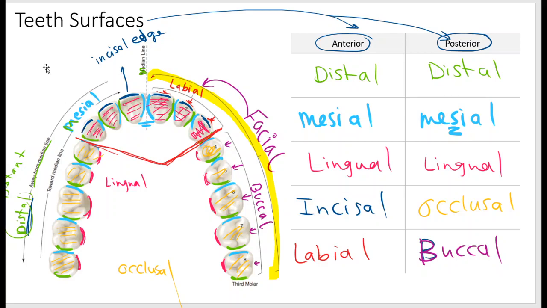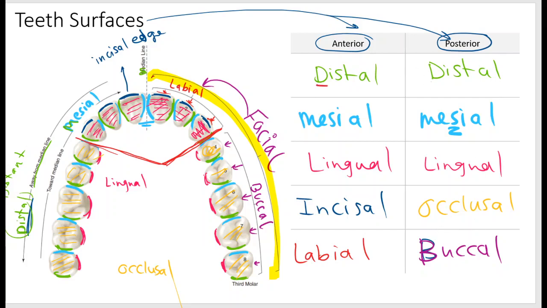So just to know, I have to put facial here, but in a minute. The labial, remember I said we're not using labial for the anterior teeth. Instead, usually we use facial, because when we are using these surfaces, we usually use the first letter of them.